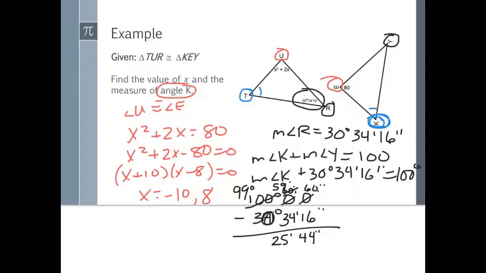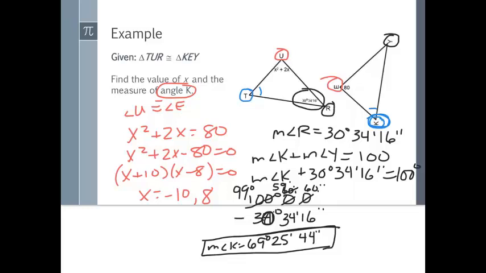And 99 minus 30 is 69 degrees. So the measure of angle K is 69 degrees, 25 minutes, and 44 seconds.